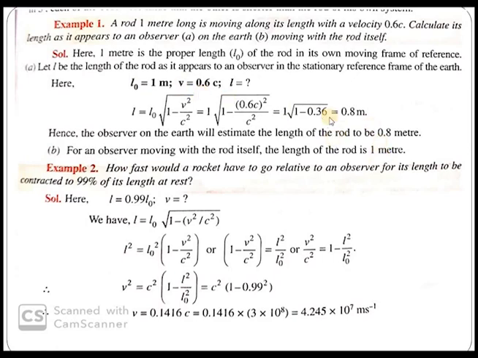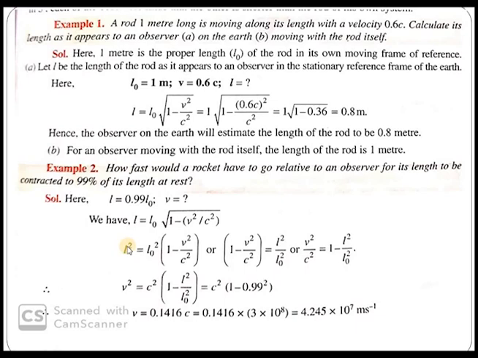In the S frame, it becomes 0.8 meter. The length gets contracted. So another question from the length contraction part: how fast would a rocket have to go relative to an observer for its length to be contracted to 99% of its length at rest? So length is 0.99 L0 and we'll have to find the velocity.